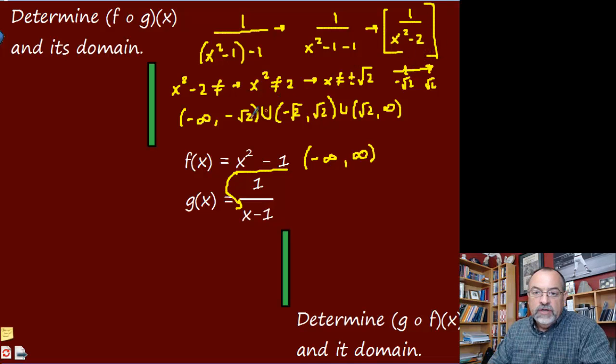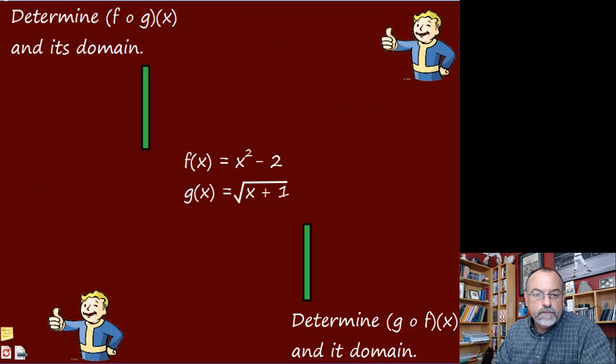All right. I'm going to do one more example if you'd like to take a look at it. Our two new functions here are x squared minus 2 and the square root of x plus 1. We're going to again compose g with f first, so I need to consider the domain of the g function. This again is going to be all real numbers except for negative 1.